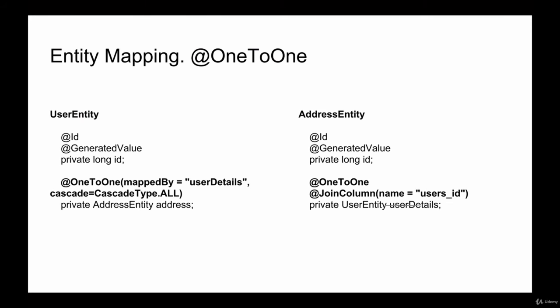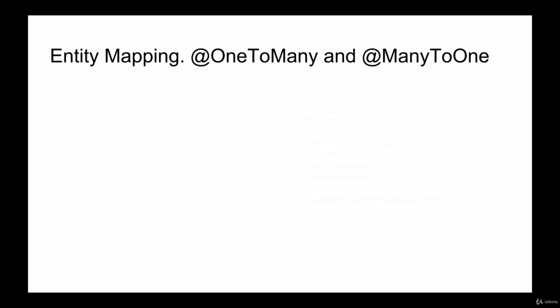The joined column will hold the value of a database record ID field from the users table. And when talking about this addresses table, the value stored in the joined column called users_ID will be called a foreign key.